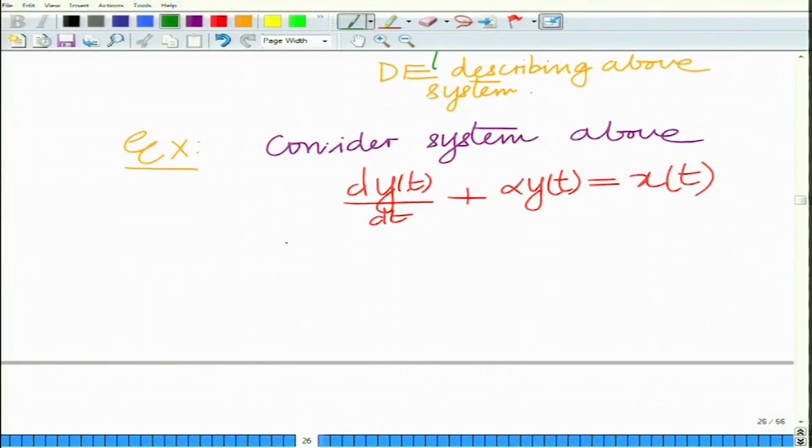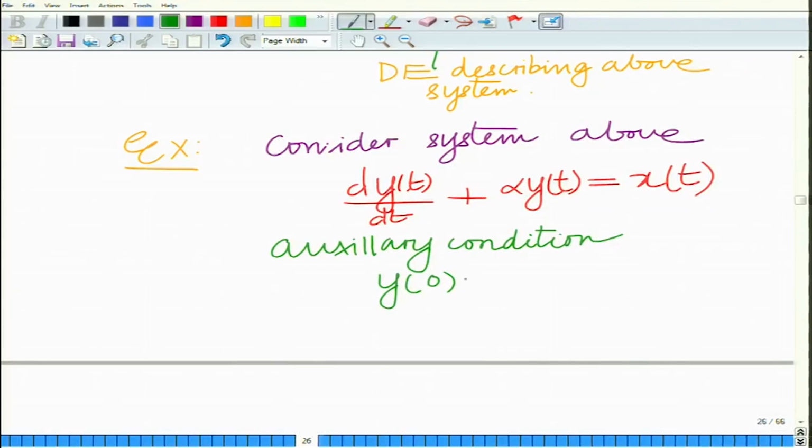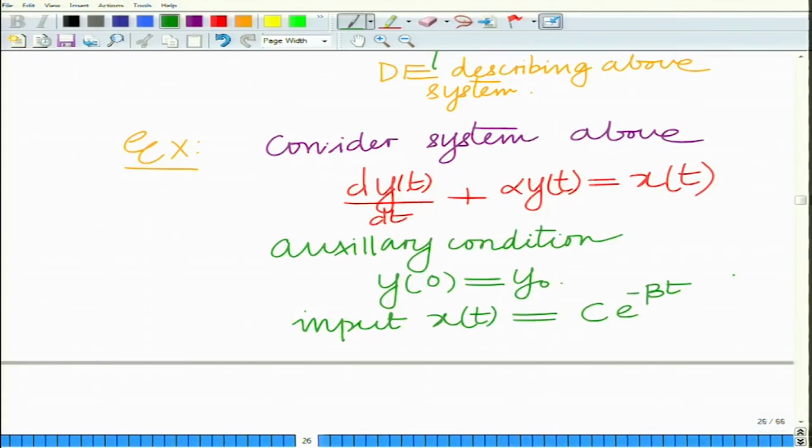Remember, to describe the system, the auxiliary condition is y 0 equals y naught, and corresponding to the input x t equals c e power minus b t.